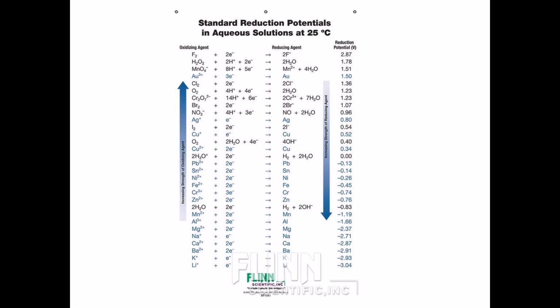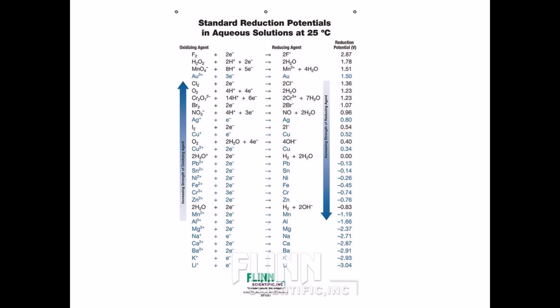This table is organized with the largest voltage on top and decreasing as it moves down the table. So you'll notice that we have positive voltage values, and then it switches to negative. So remember, positive voltage means it's spontaneous. Negative voltage means it's non-spontaneous.